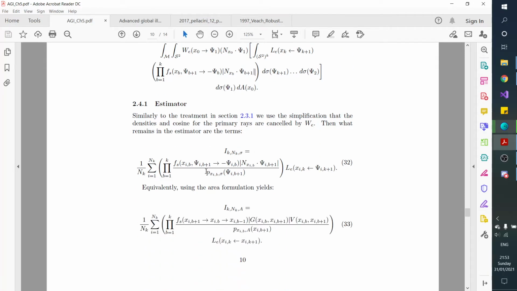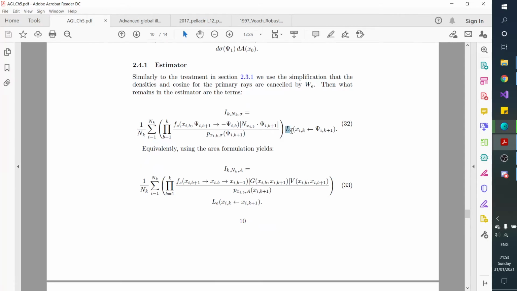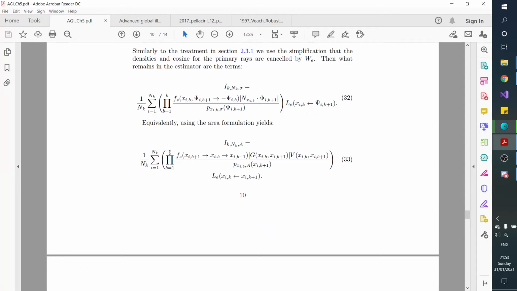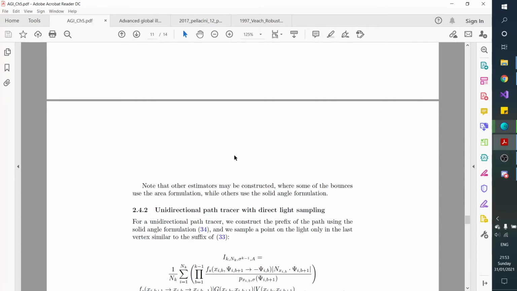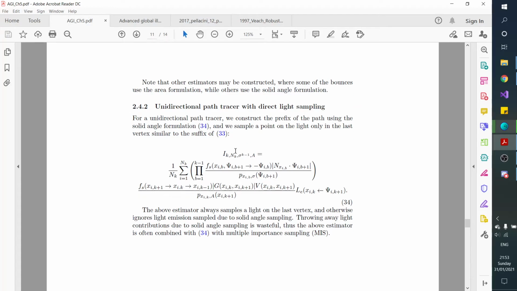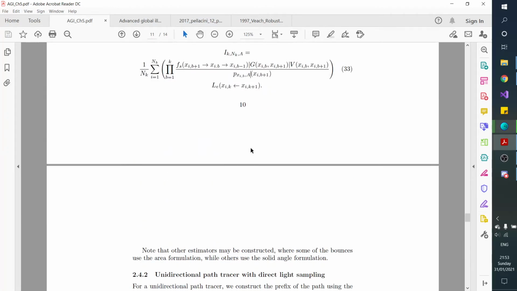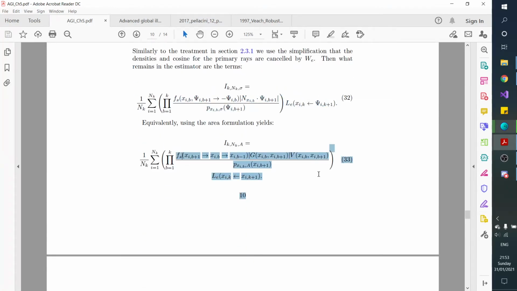And then the estimator is simply this product, once again divided by the density at each bounce, and you end up at a light source. Or equivalently in the area formulation, same thing.